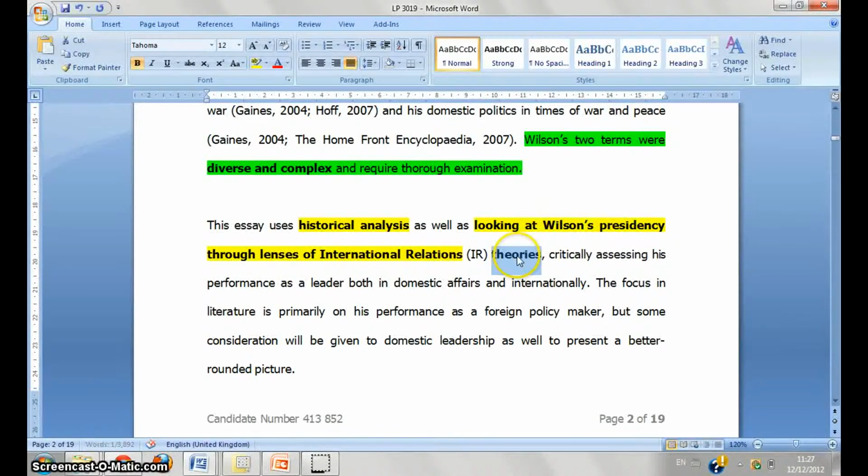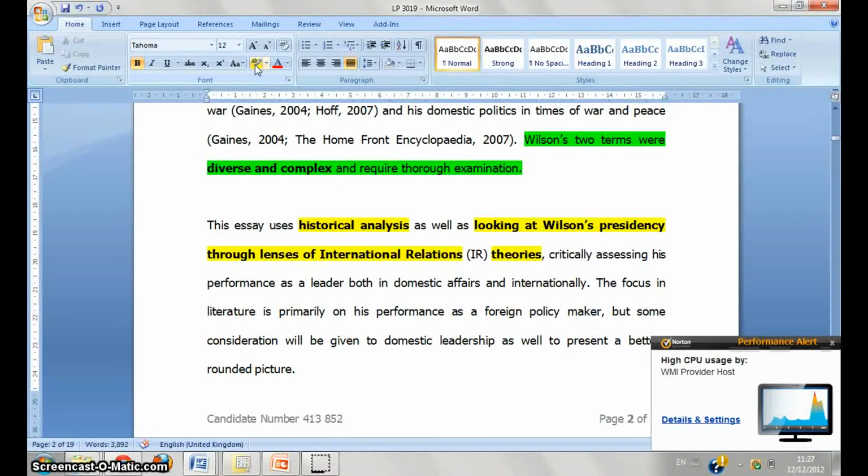So it is another method looking at things through the lenses of certain theories, examining it in the context of a certain framework. And in this case, I'm already saying that this is how I'm going to assess the performance. I'm going to look at it historically, and I'm going to evaluate it looking through lenses of international relations theories.